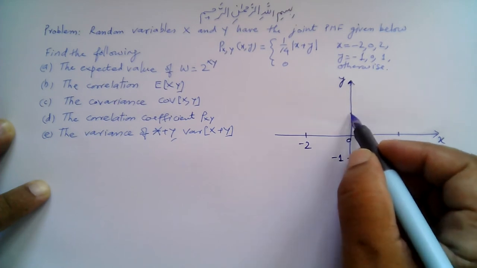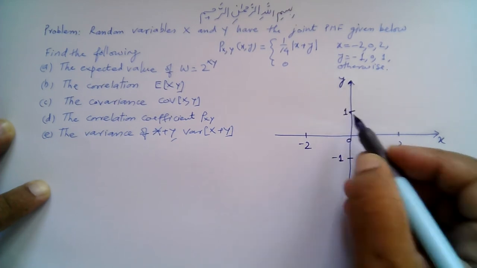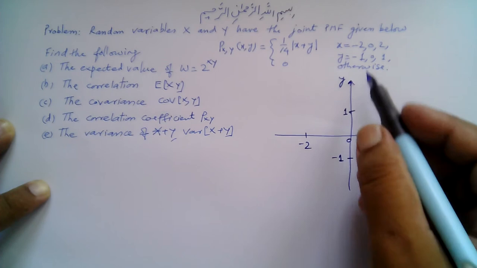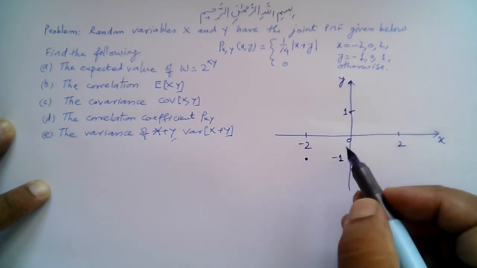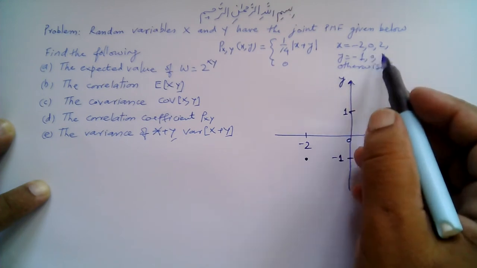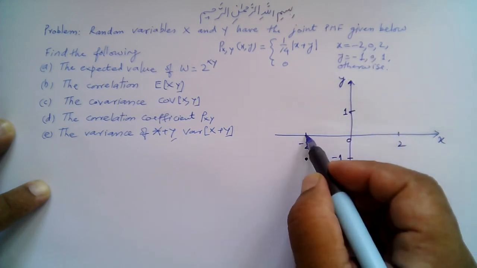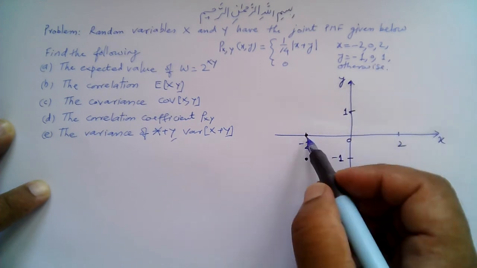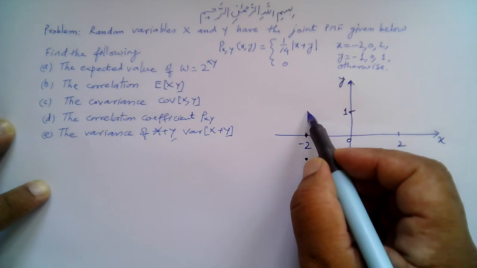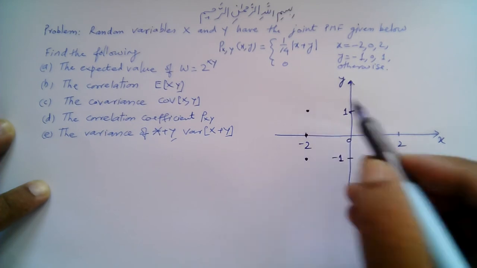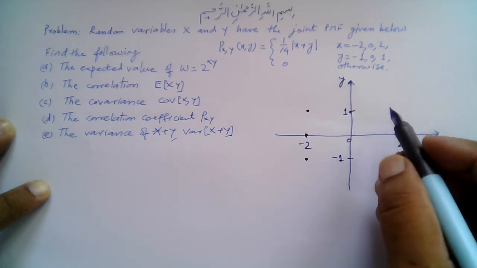So for x equal to -2, we have a point at y equal to -1, one at y equal to 0, and one at y equal to 1.